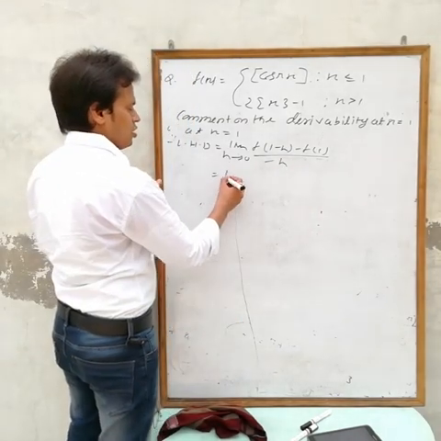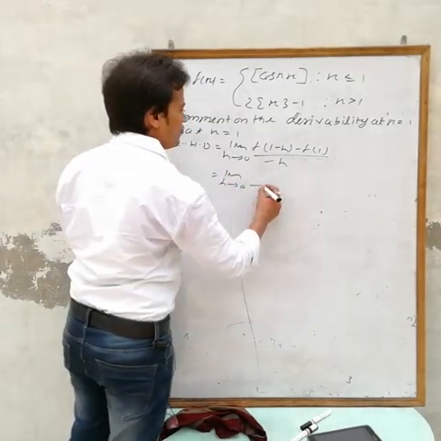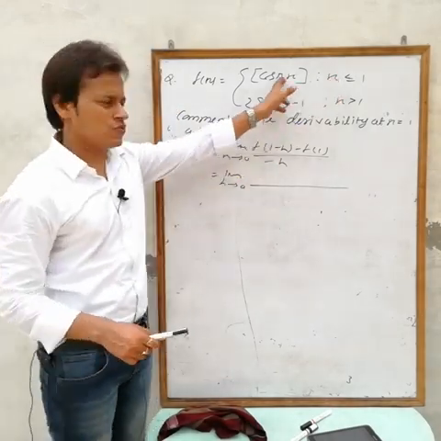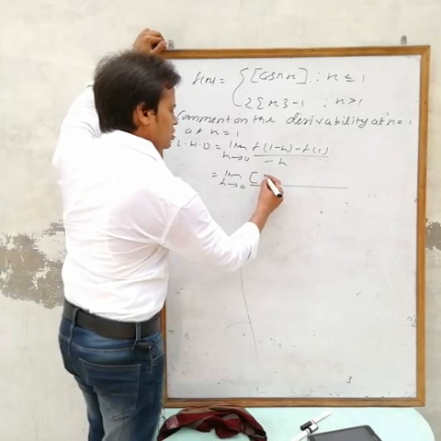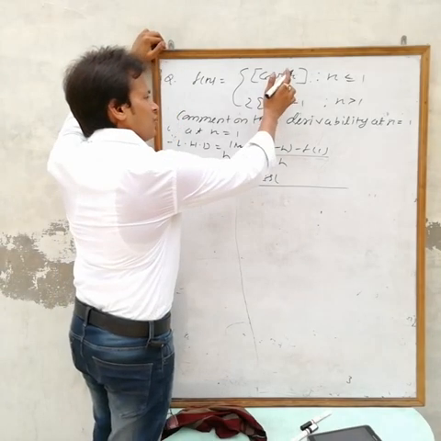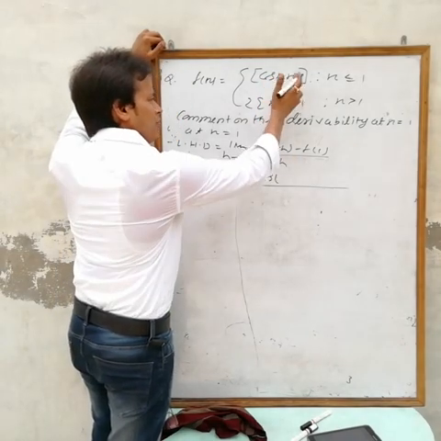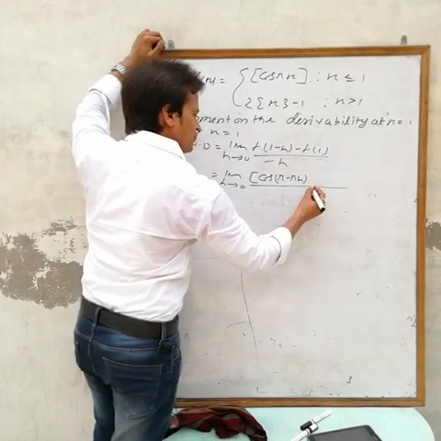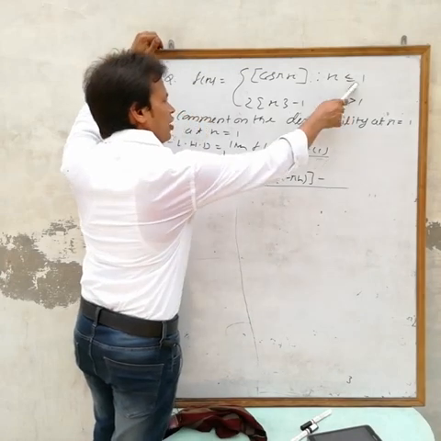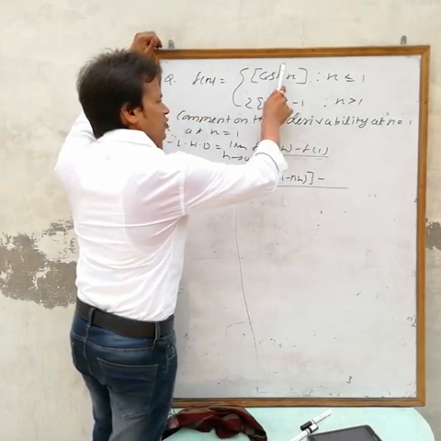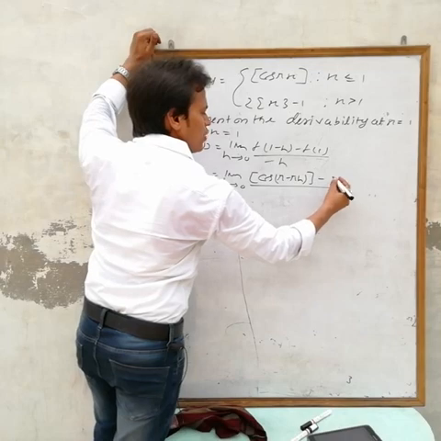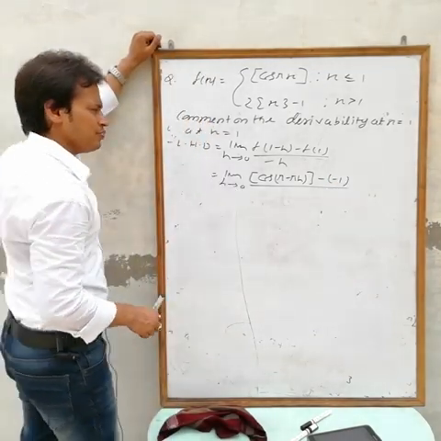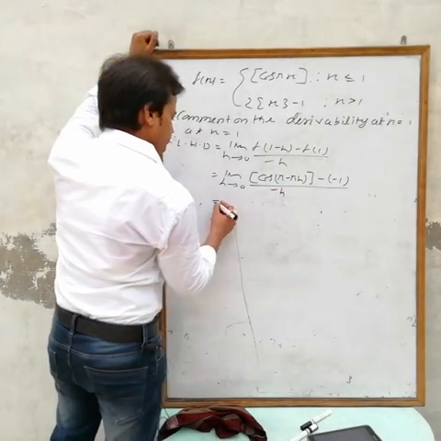Limit h tending to 0, f(1 minus h), x is less than 1 now, so from this one, greatest integer of cos pi x, x is 1 minus h, multiplied with pi, what you will get, pi minus pi h, and minus f(1). If you put x equals 1, greatest integer of cos pi is minus 1, so this is also equal to minus 1, by minus h.